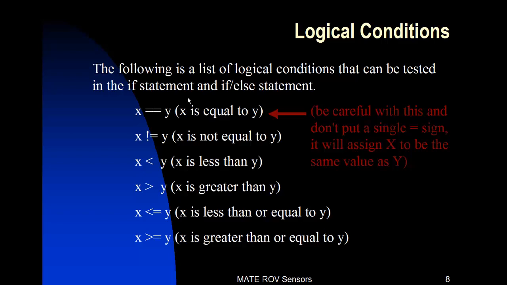Next line is X not equal to Y. The exclamation point is used as a not. Then you have X is less than Y, X is greater than Y, X is less than or equal to Y, and X is greater than or equal to Y. So you can see here you have a wide range of comparisons that you can do.